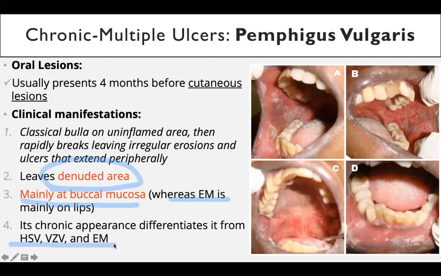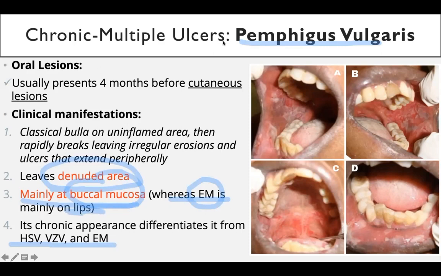How to differentiate PV from EM and HSV, VZV? First of all, pemphigus vulgaris is at the buccal mucosa, whereas erythema multiforme is mainly on the lips. We just studied this, right?